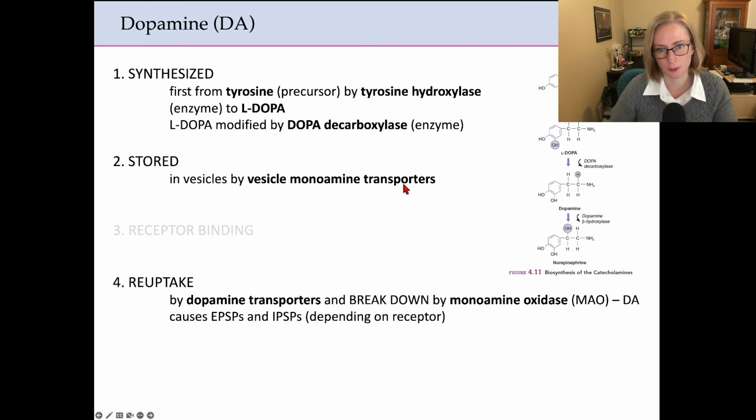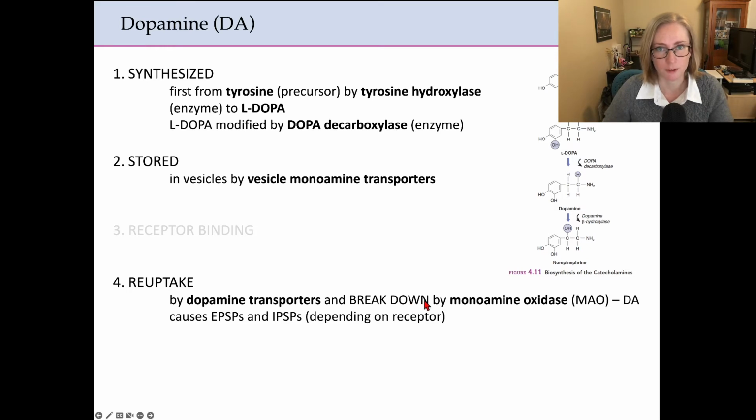So vesicle monoamine transporter. If we're going to recycle it, it'll be by dopamine transporters. Different transporters, keep that in mind. Both are presynaptic, but one is intentionally trying to suck up all the dopamine from the synapse. This one is putting dopamine inside of vesicles.